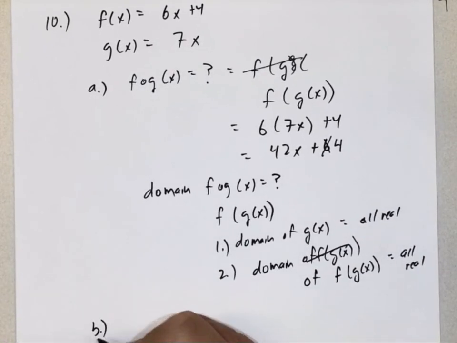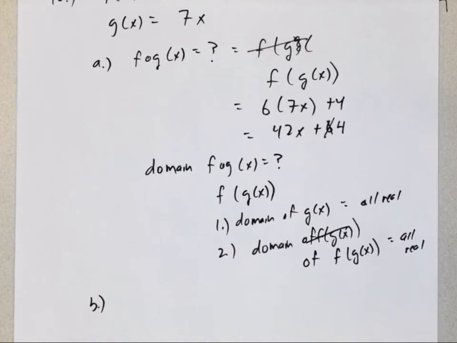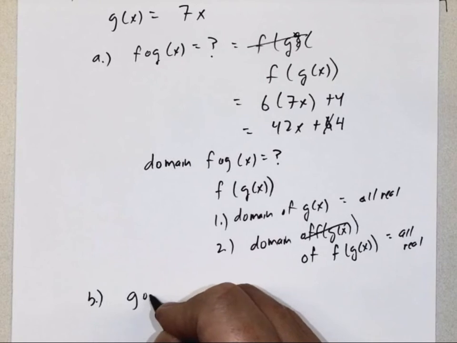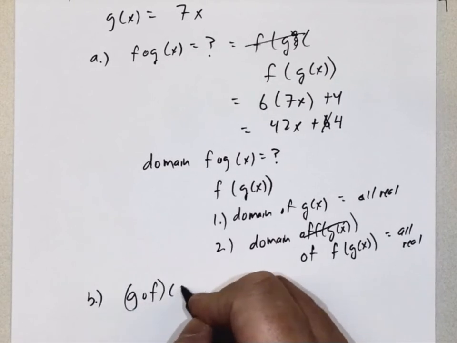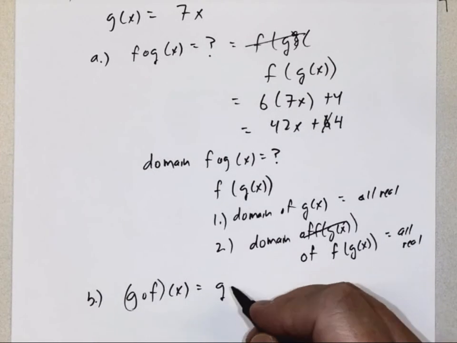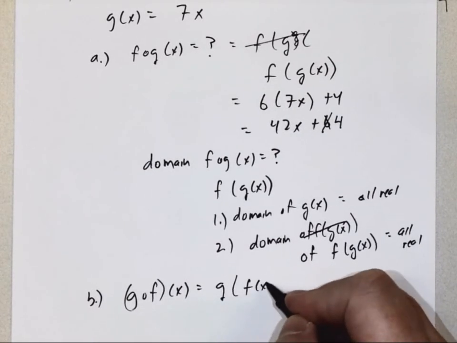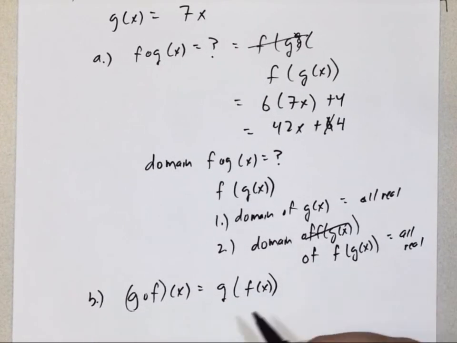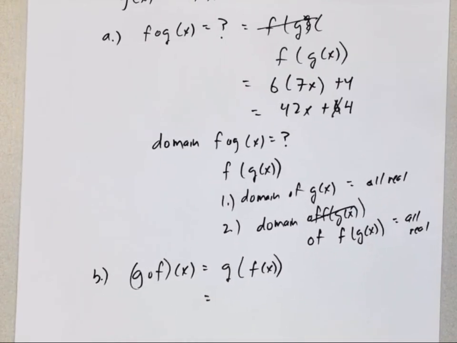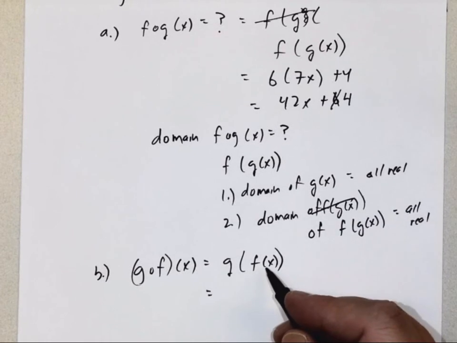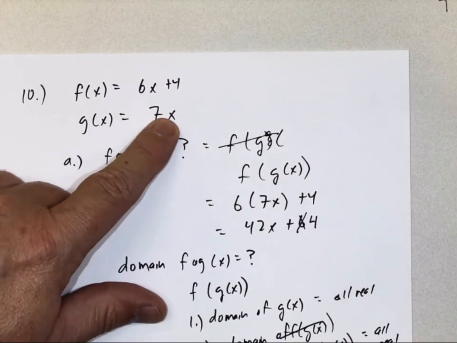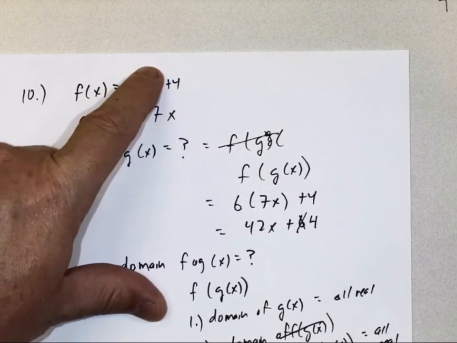Okay, let's do the rest of these problems. B says g composite f of x. Once again, let's write it in function notation, g of f of x. So you take your g function, every place you have an x, replace it with the f function. So the g function is 7x. For that x, I'm going to stick in 6x plus 4.